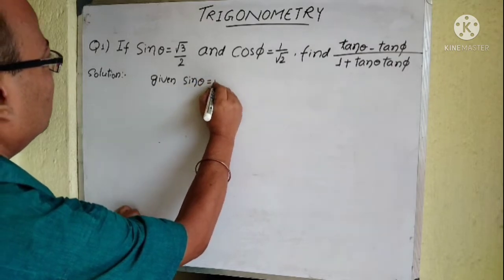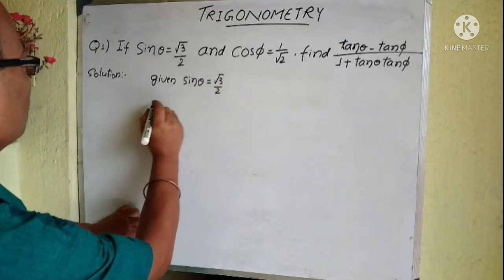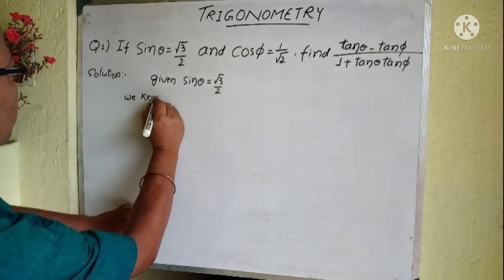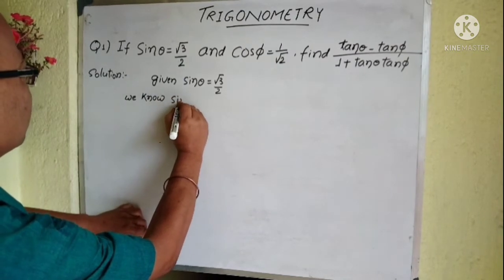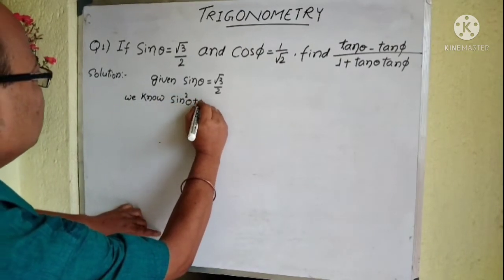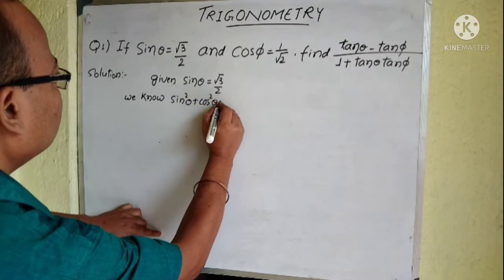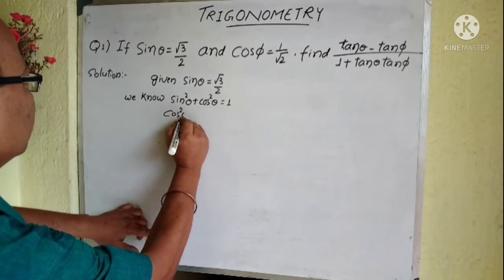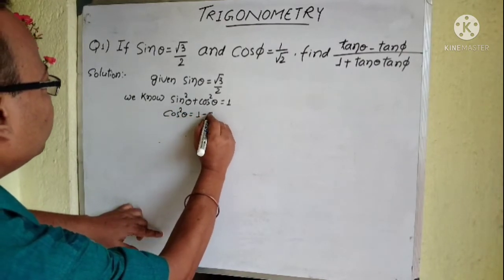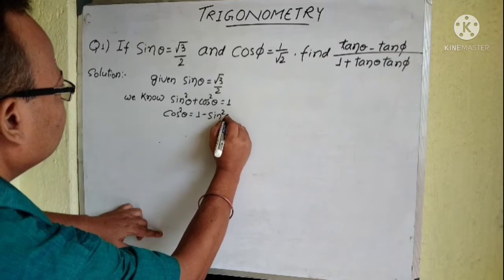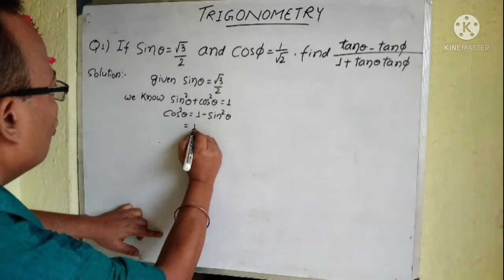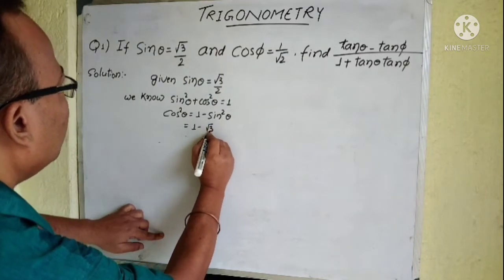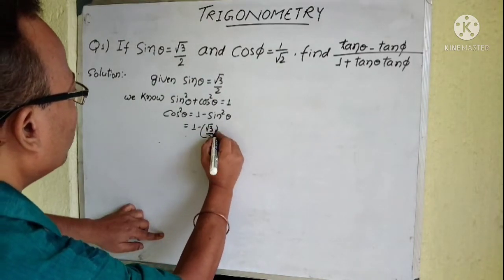Given sin theta is equal to root 3 by 2. So we know sin square theta plus cos square theta is equal to 1. So cos square theta is equal to 1 minus sin square theta, which is equal to 1 minus root 3 by 2 whole square.